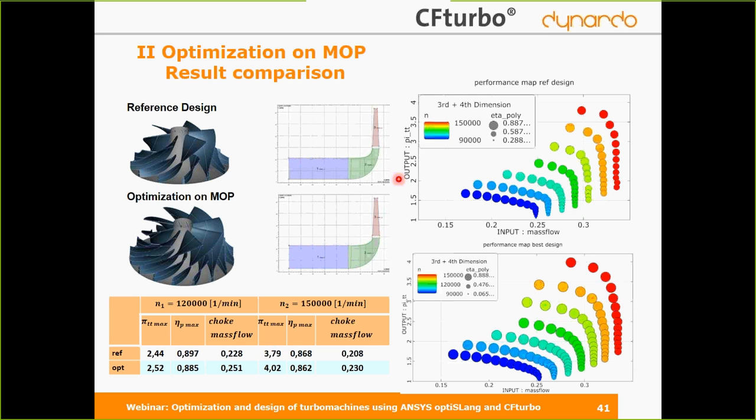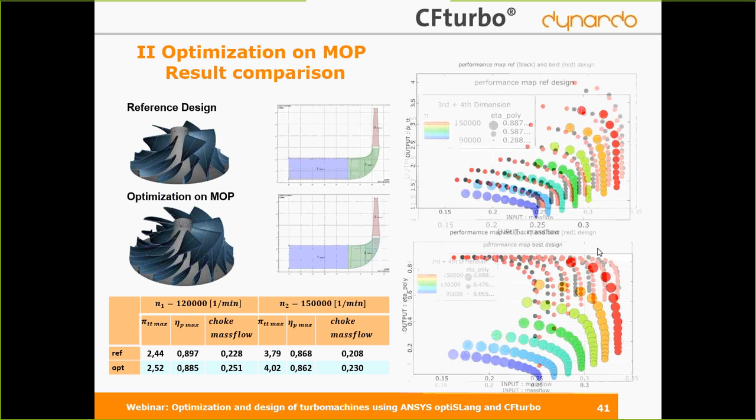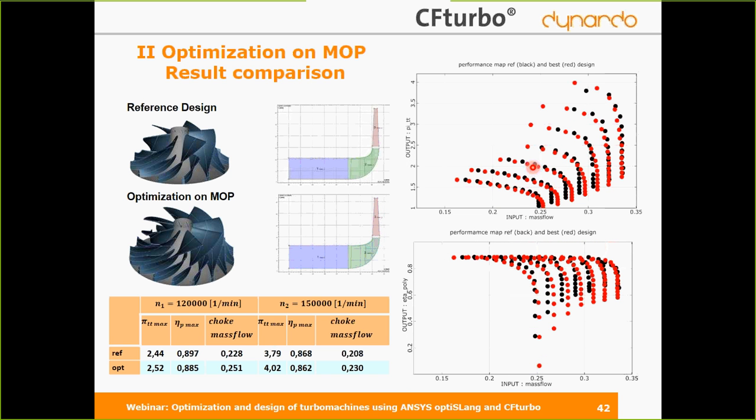And here you can see the initial design compared to the best design, and for better comparison, it's also helpful to have it in one plot. And here you can see, for example, the black design is the reference design, and the red one is the optimized design, where you may see the higher pressure ratio and the higher choke mass flow as well. And you see that efficiency nearly keeps constant.